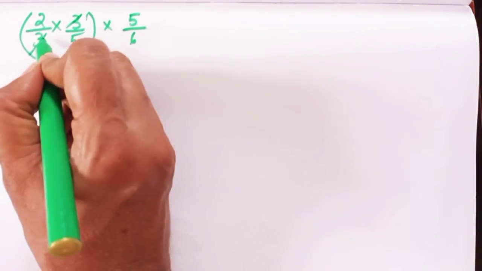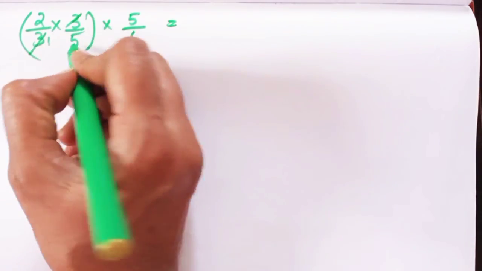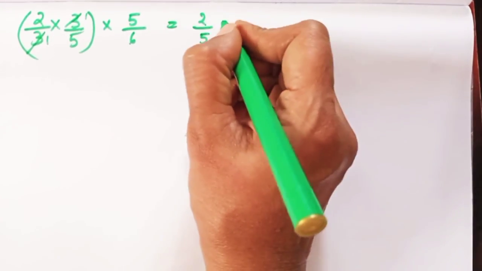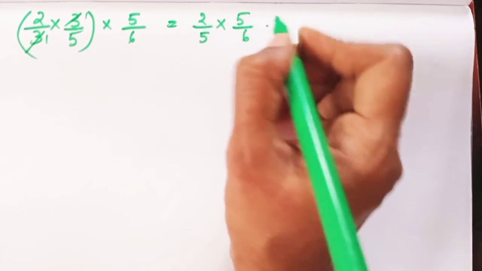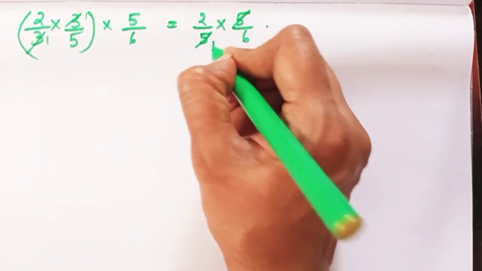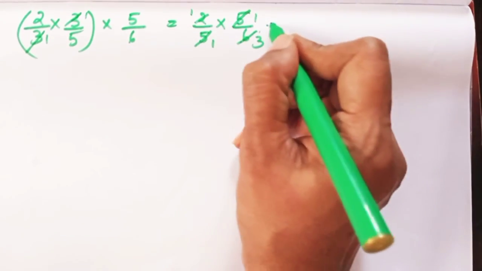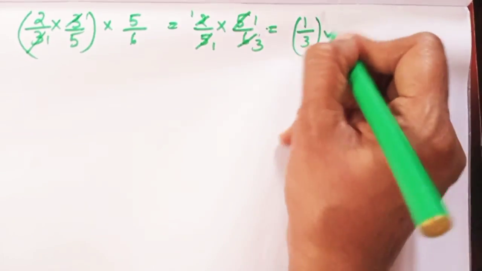3 and 3 gets cancelled. Okay. So, the remaining thing here is after simplification 2 by 5 comes out, and our 5 by 6 is as usual here. Here also 5 and 5 get cancelled. 2 1s are 2, 3s are 6. So this will also become 1 by 3.